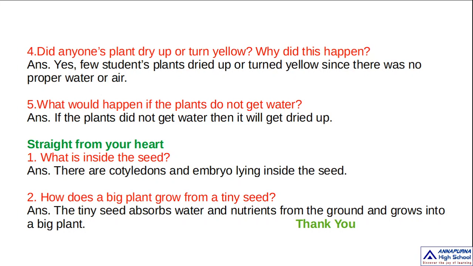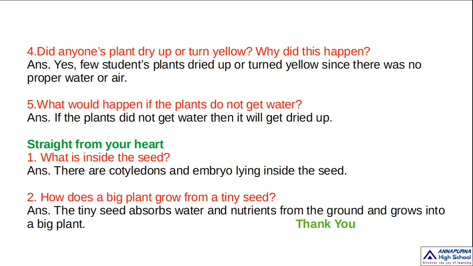For example, see groundnut, it has two halves, and each one is called a cotyledon. The cotyledon provides nutrients for the embryo. Embryo means a small part. The plant will come from the embryo. So the embryo gets nutrients from the cotyledon.